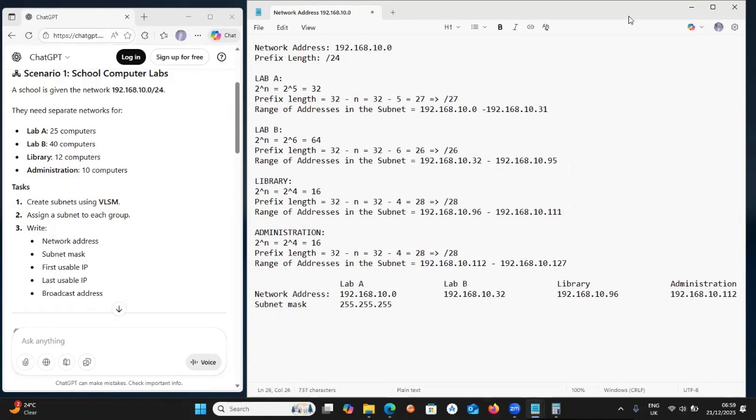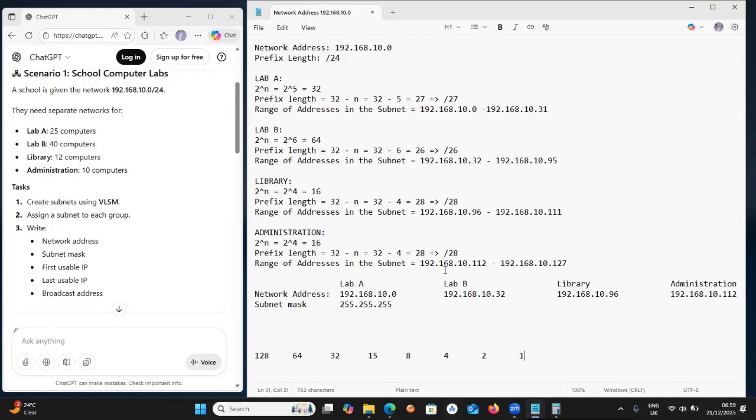Then, in order to know the remaining addresses, let's do 128, 64, 32, and then 16, then 8, 4, 2, 1.